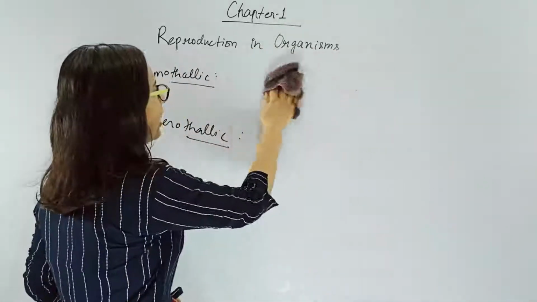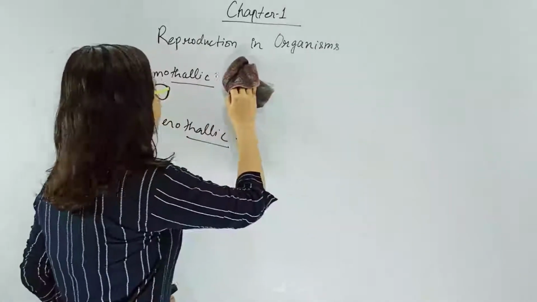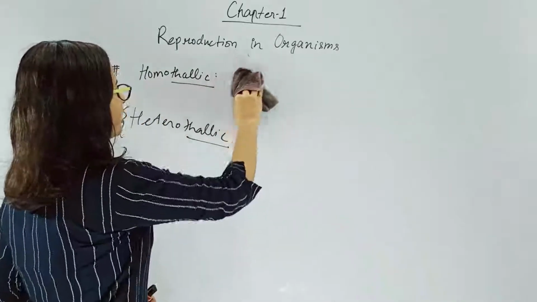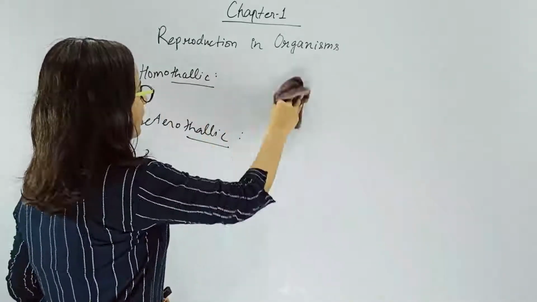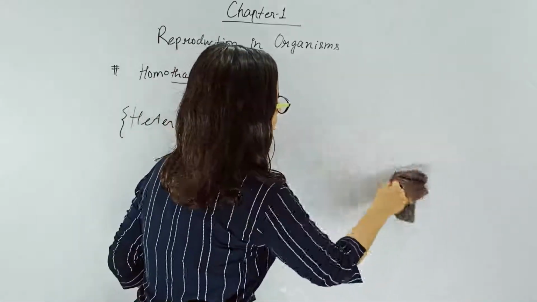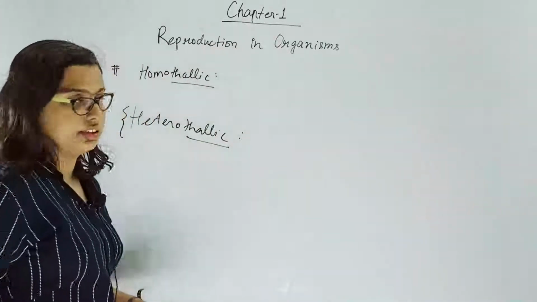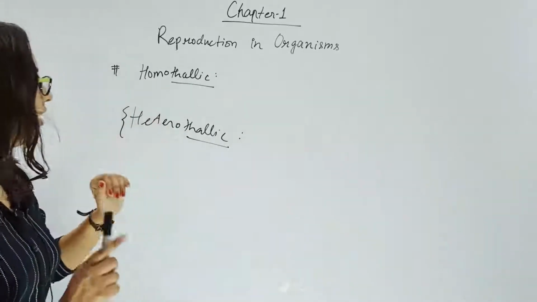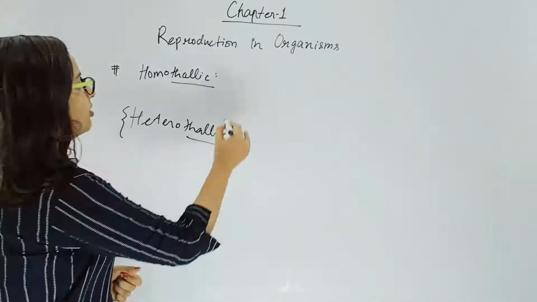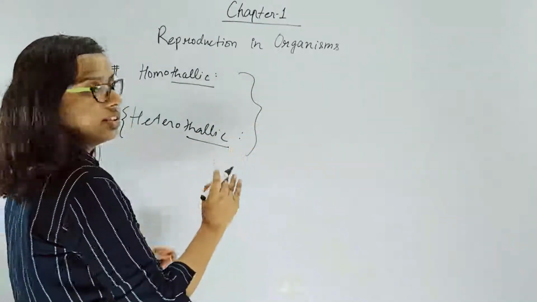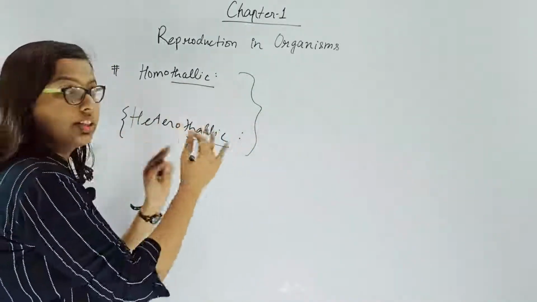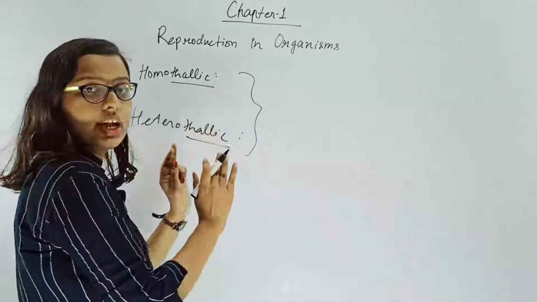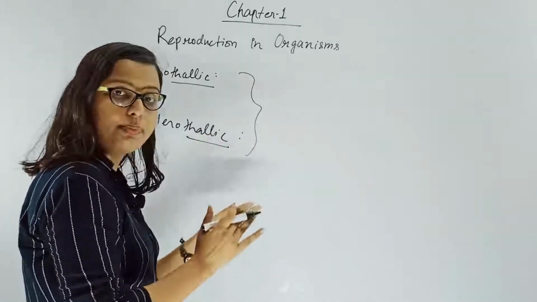If certain things are highlighted, it means there is a 90% chance that questions will be asked from those highlighted terms. So you have understood homothallic and heterothallic. Next terms, I am not erasing these because they have some relation with those. Homothallic and heterothallic you have seen in case of lower plants.